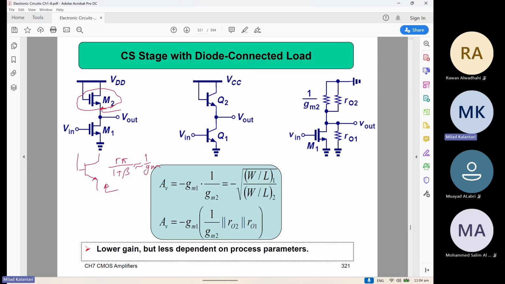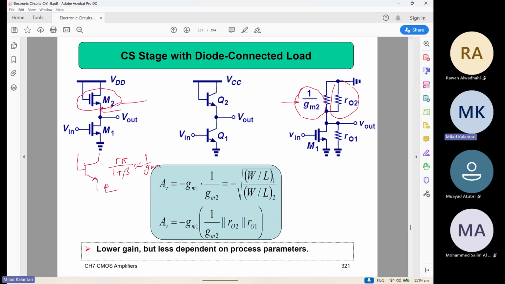This is pretty much similar once you are looking into the source of the M2. Basically, what you are seeing is 1 over GM, and the 1 over GM is not a big impedance, if you remember. If you want to be more accurate, you put the RO of the device in parallel, but in fact, 1 over GM is dominant.